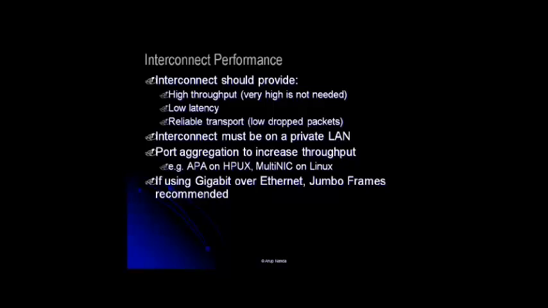Why jumbo frames? Think of this. Every packet that gets transferred across the interconnect by the network is actually by default broken into something called transfer units. And the transfer units are like chunks of data coming from instance 1 to instance 2 all the time. And that unit is typically 1500 bytes.